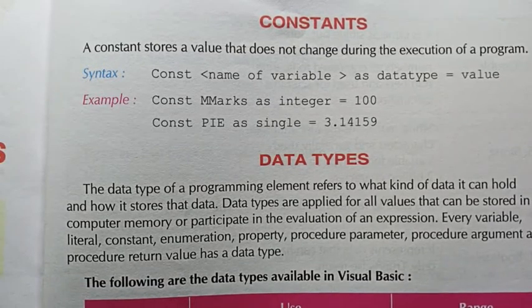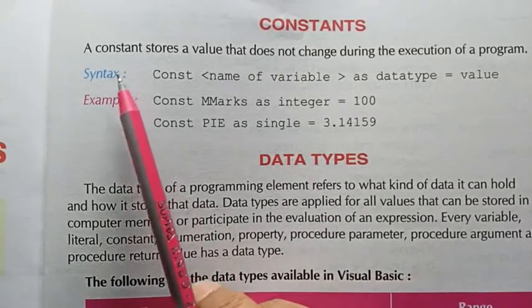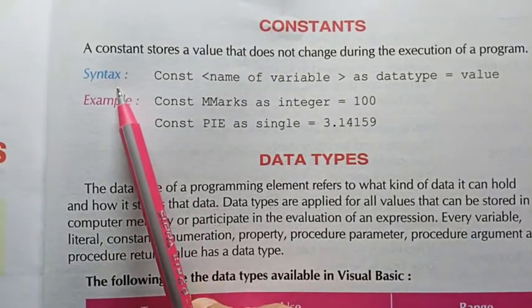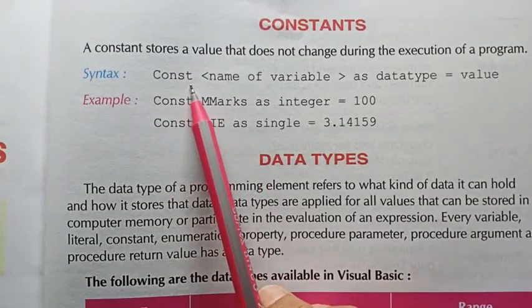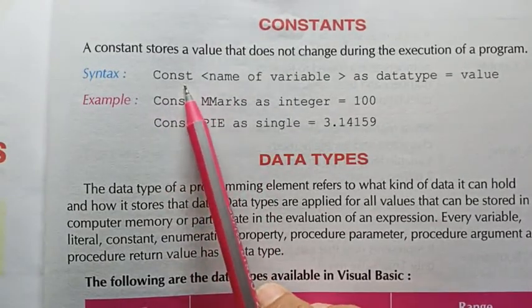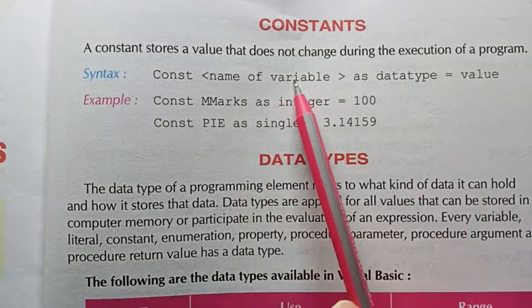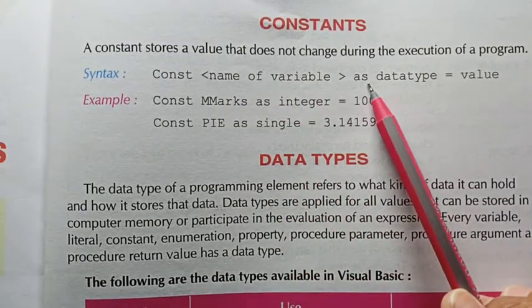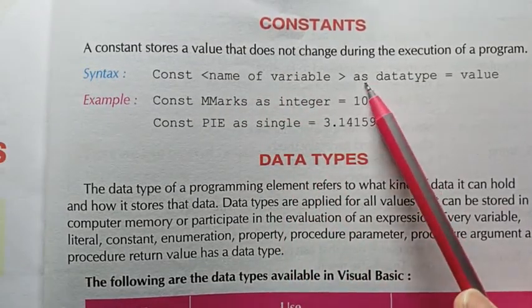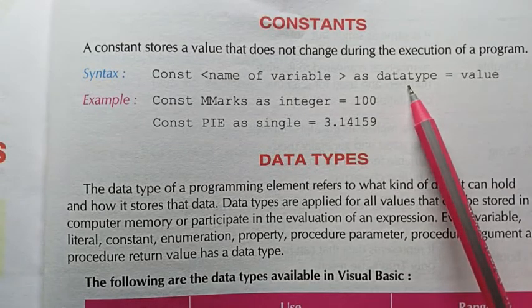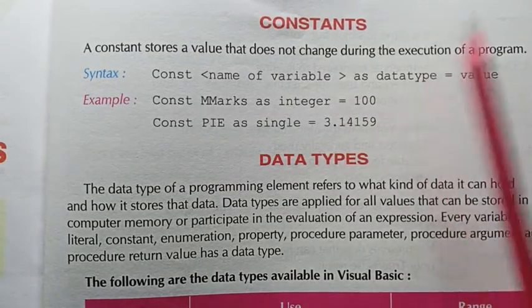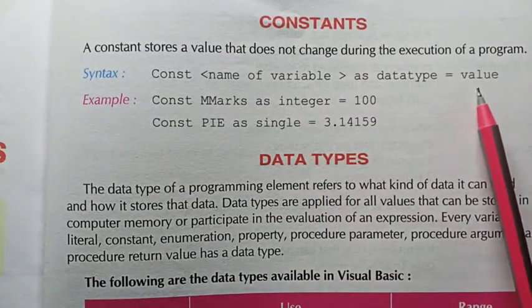There is a way to write a constant, and that way of writing is called syntax. The syntax is: Const, C-O-N-S-T, then the name of the variable you are giving, then the keyword As, then the data type, which tells what type of data is stored, equals the value.